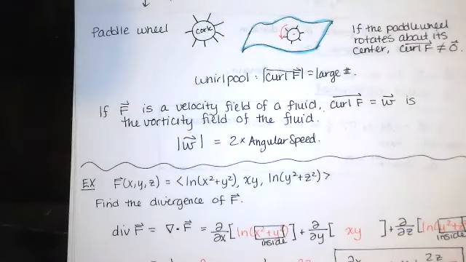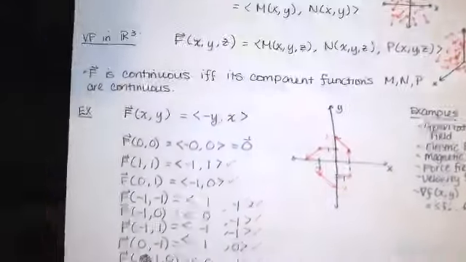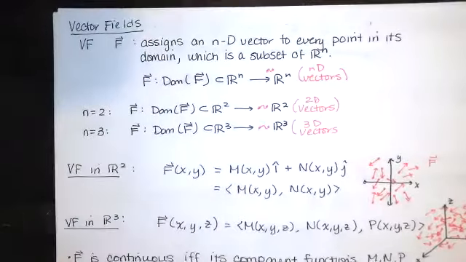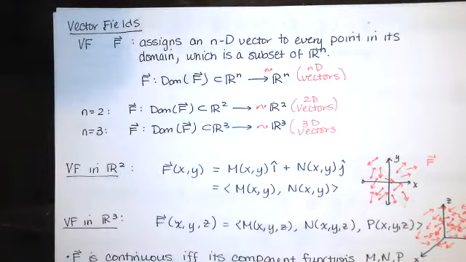And then we discussed what a vector field is. We said vector fields are represented by vector F, usually a capital F. It assigns an n-dimensional vector to every point in its domain, and its domain is a subset of n-dimensional space.